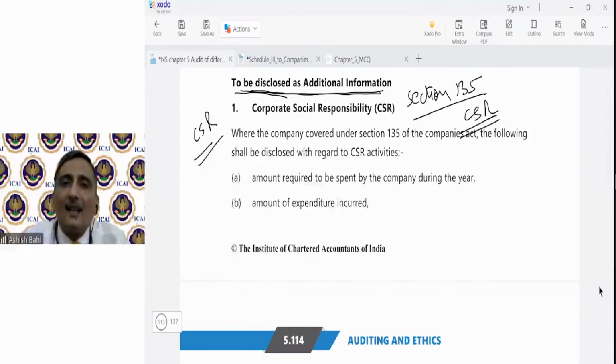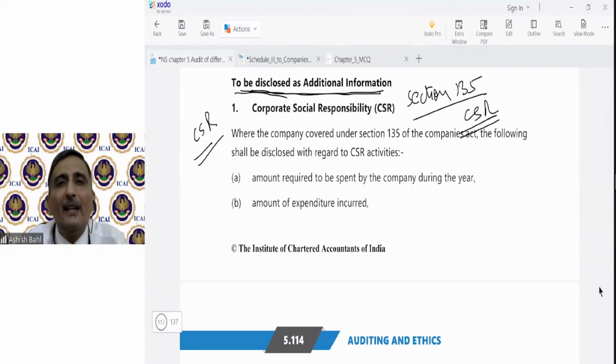Now it has certain thresholds: if your turnover is greater than this much, if your net worth is greater than this much, or if your net profit is greater than 5 crore, then you have to incur 2% of the average profits of the preceding 3 years as corporate social responsibility expenditure, CSR expenditure.